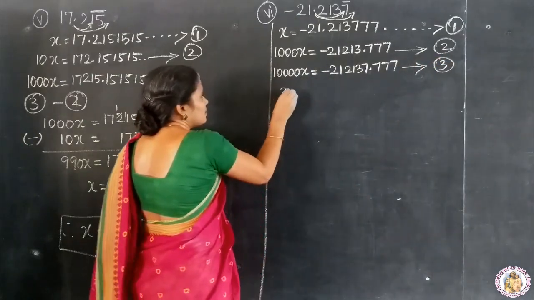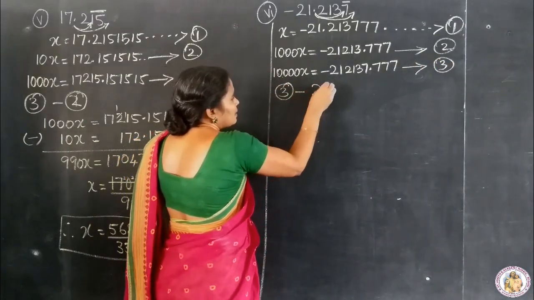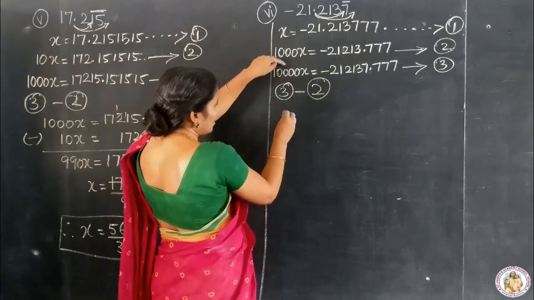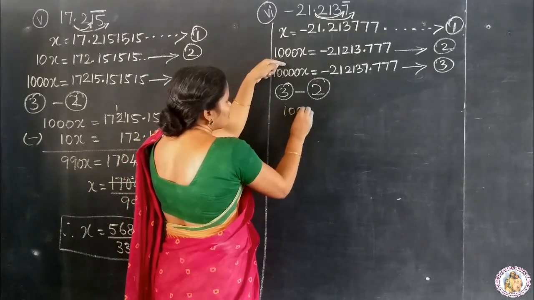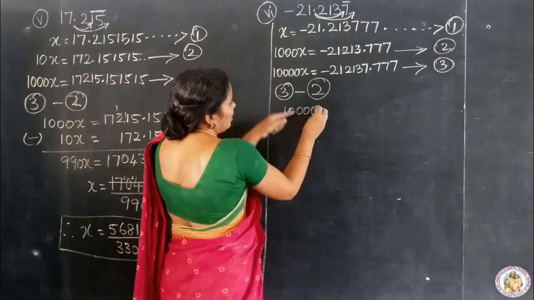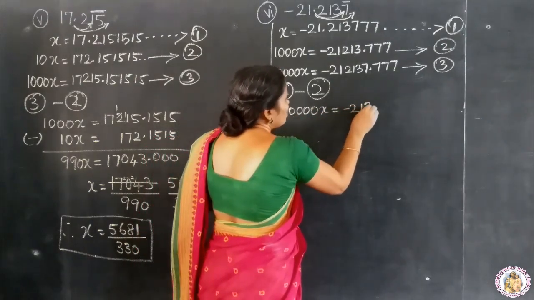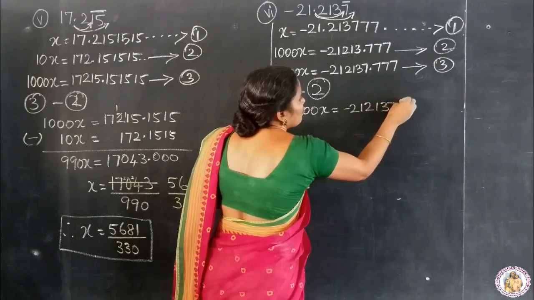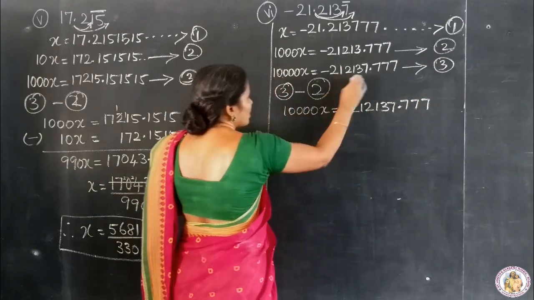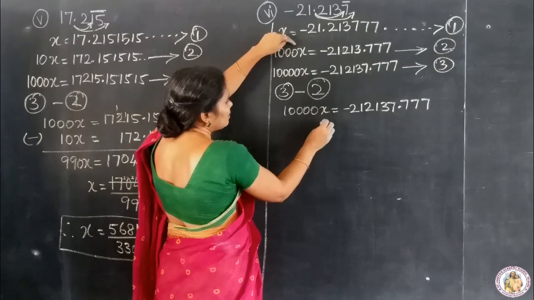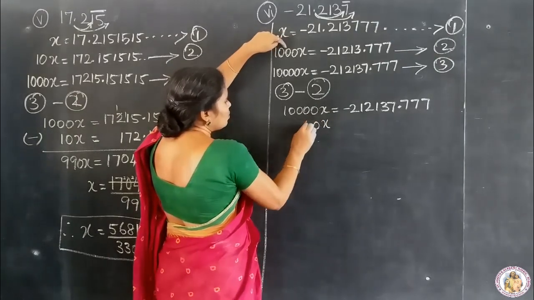So subtract the third equation minus the second equation. Third equation we have 10,000x is equal to minus 212137.77. Okay, and then subtract with 1000x.